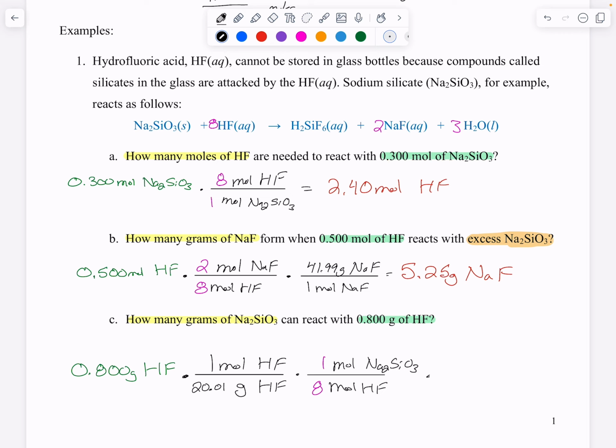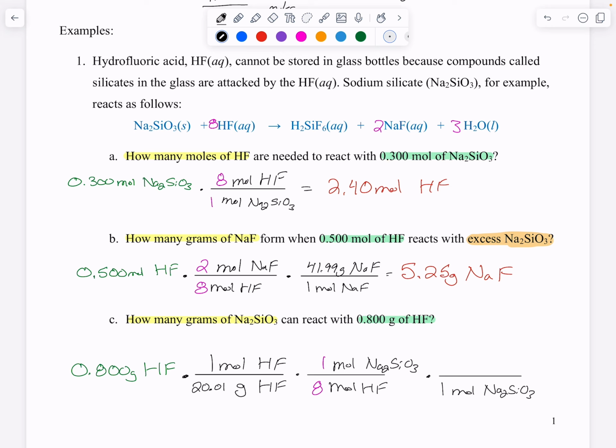And one more step, because we want grams. We've got to go to grams. So 1 mole of Na2SiO3, how many grams? We're going to use the periodic table. Sodium is 22.99. Silicon, I have 28.09. Oxygen 16, and there's 3 of them.